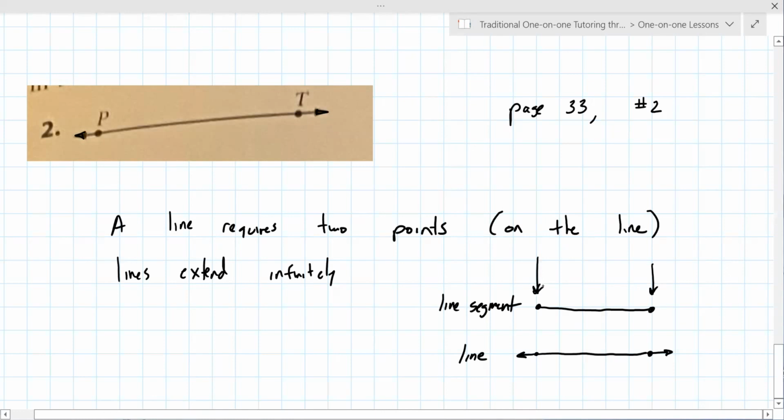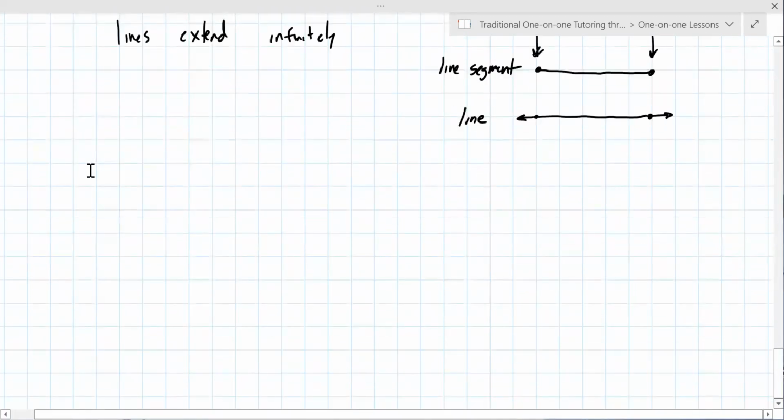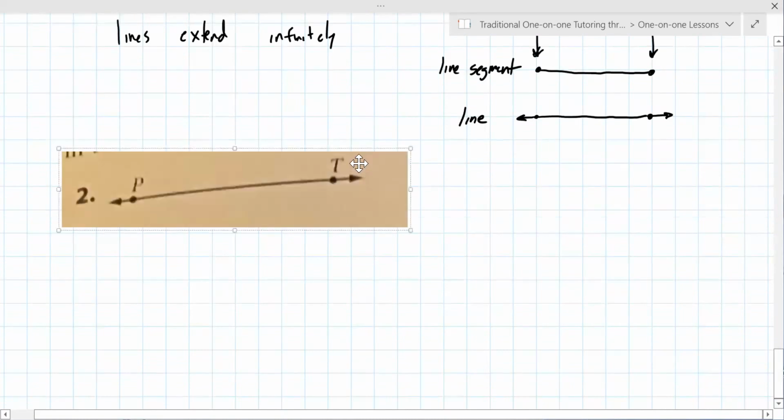Okay. So in terms of how to answer this question, and it says in 2 ways, I'm going to give you the answer here. It's PT, but you have to put a line above it. See how it's got an arrow? Or it's TP, and you put a line above it with the arrows.